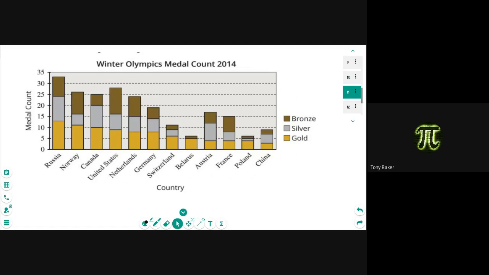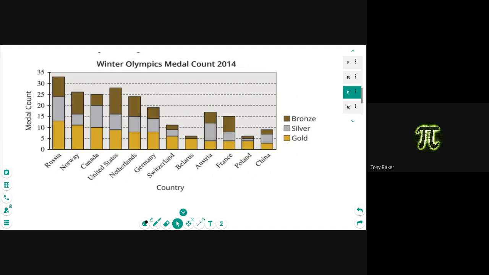It's a bar graph, but it's a special bar graph. Starts with an S. It's stacked. A stacked bar graph basically totals things, so we're stacking the information on top of each other. This is showing the total medals won split out by each of those categories.